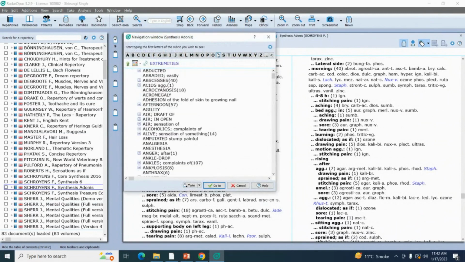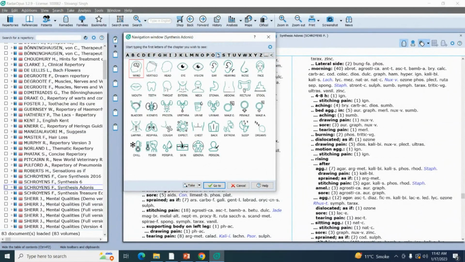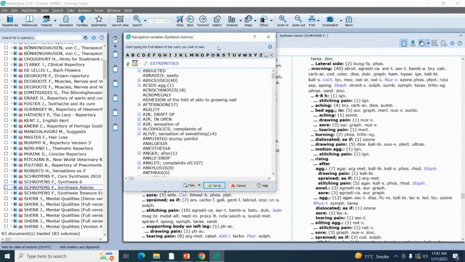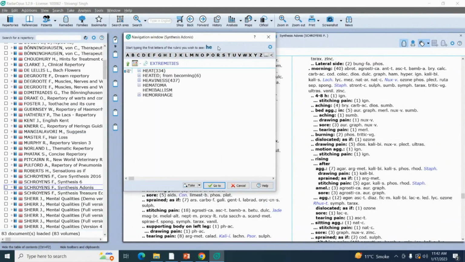The next symptom, my patient is having heaviness in the knee joint. So I'm going to the extremities chapter. Write down here heaviness, knees.